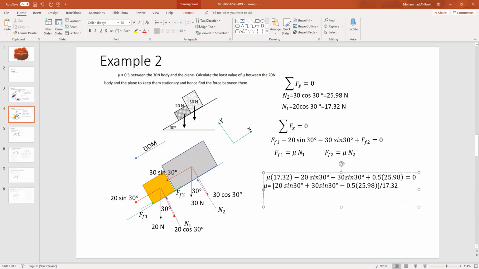And now find the value for mu. What's the value for mu? First answer is correct. I got the first answer, only one answer. So it's correct so far.